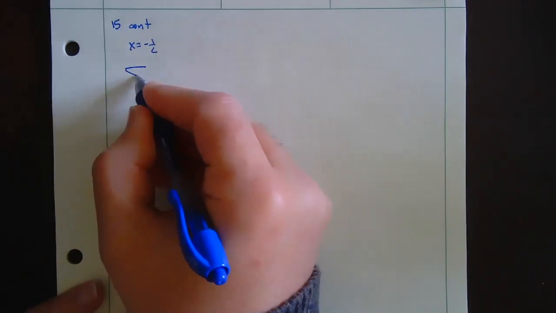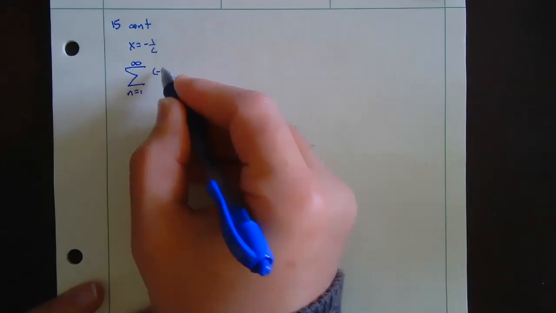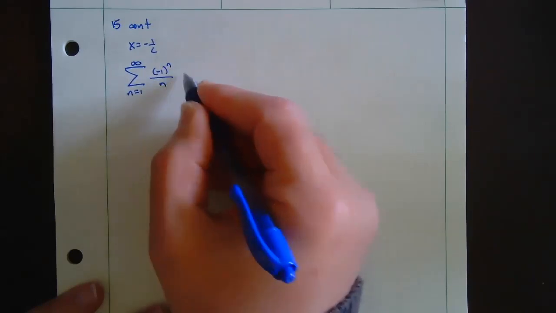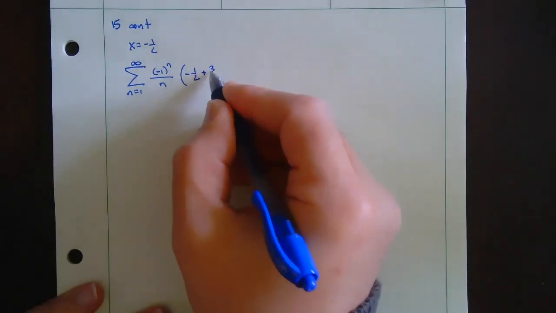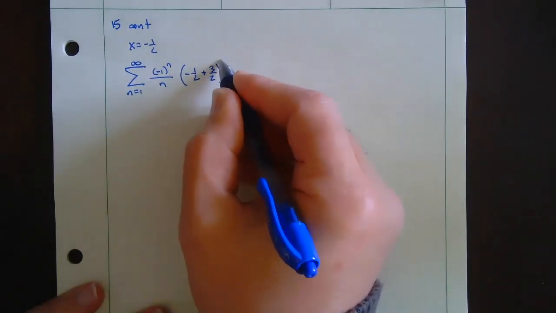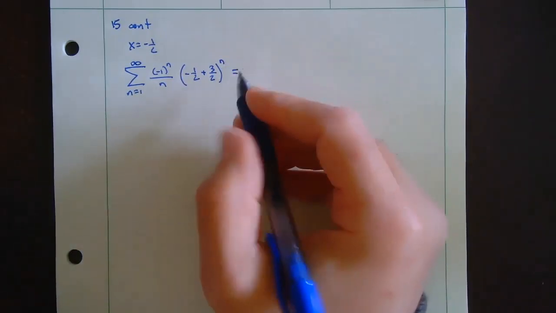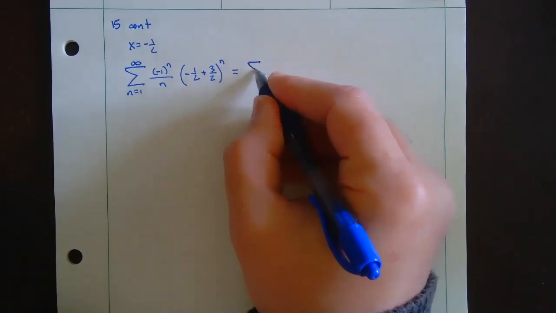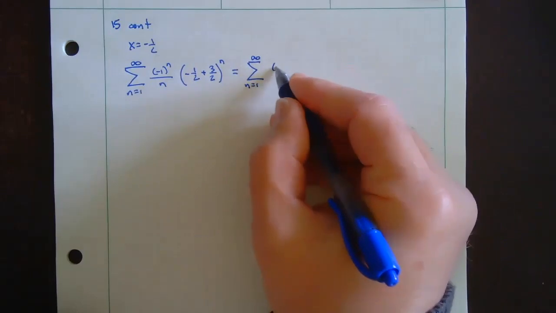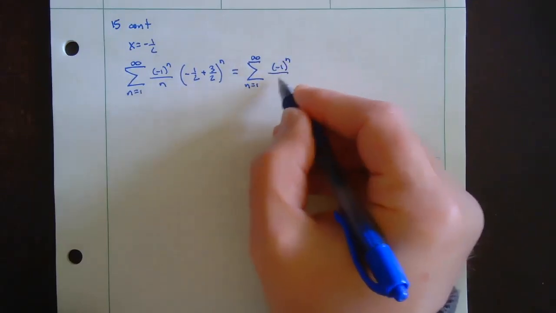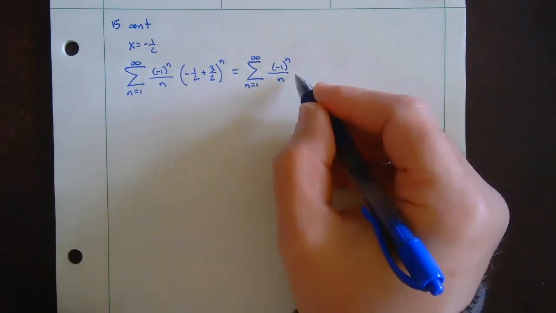So I have sigma n equals 1 to infinity of negative 1 to the n over n times negative 1 half plus 3 halves to the n, which is equal to sigma n equals 1 to infinity of negative 1 to the n over n. And this would be 2 halves, which is 1, and that'd be 1 to the n.